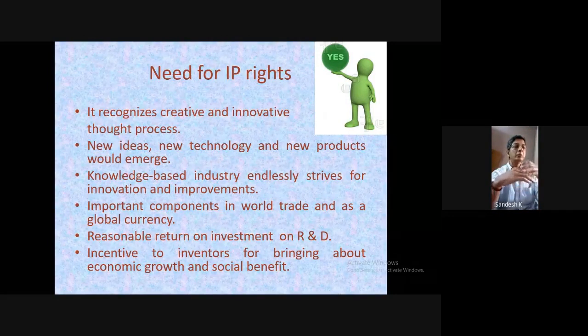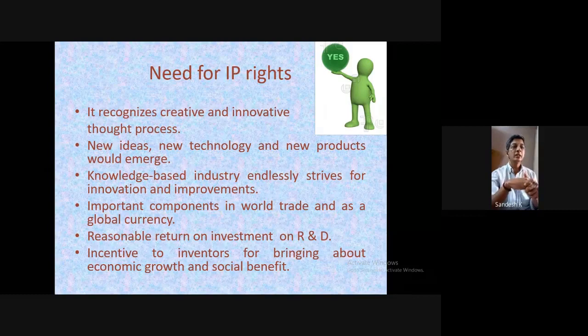Yes, I have already explained how it recognizes creative and innovative thought processes. Then new ideas will come up, new technology will come, new products will emerge, mainly in the knowledge-based industry. You understand the knowledge industry better than me. Yesterday I was telling about the aerospace industry, how it is emerging, and how it is endlessly striving for innovation and improvement.